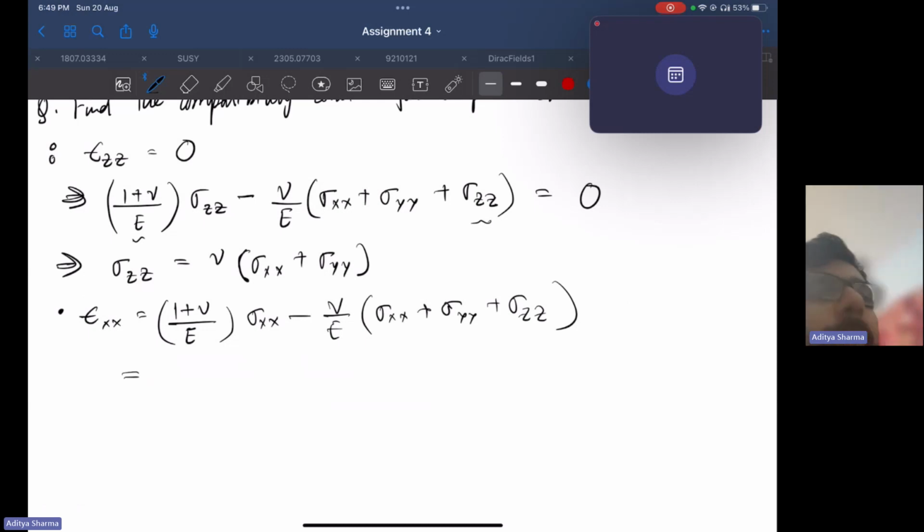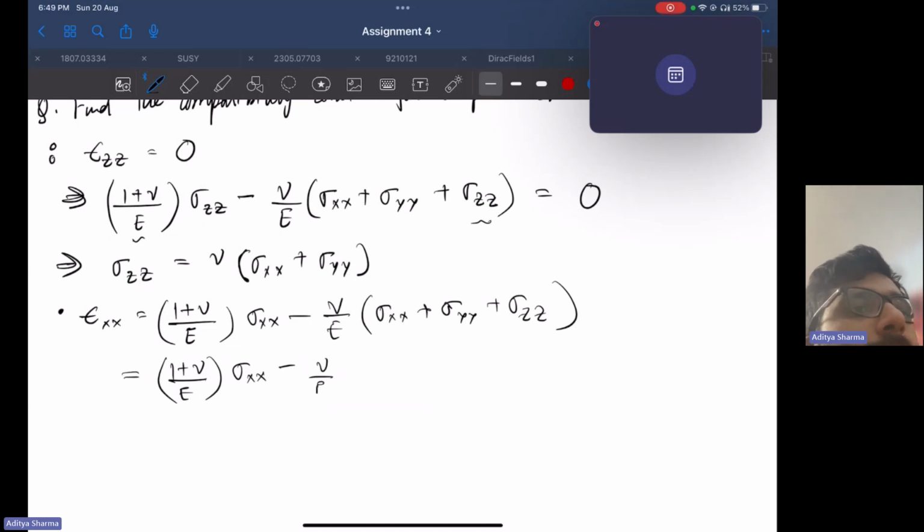So we'll write this in sigma. We will try to eliminate the sigma zz from mu by E. We substitute for this, so we just get 1 plus mu sigma xx plus sigma yy.